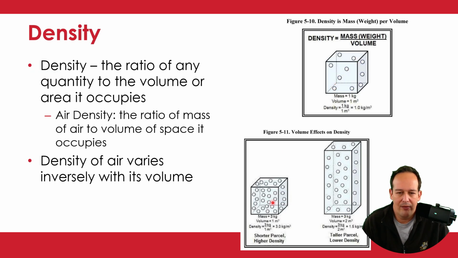Now, we have the same volume of space, but there's more air particles, so the pressure is higher, but it's the same amount of space, so we would say the density is higher. But if we increase the volume of that space, then we would say the density is lower, even though it's the same amount of air particles.